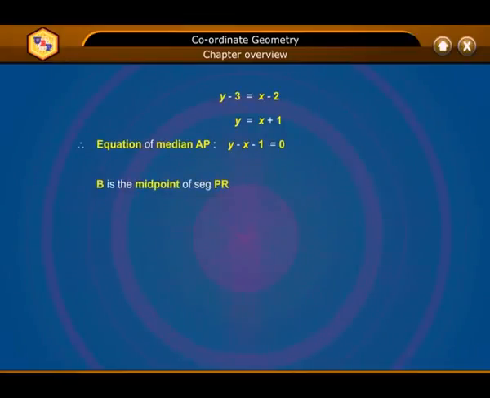B is the midpoint of segment PR. Coordinates of B are ((2 minus 3) by 2, (3 minus 4) by 2), which is (minus 1 by 2, minus 1 by 2).